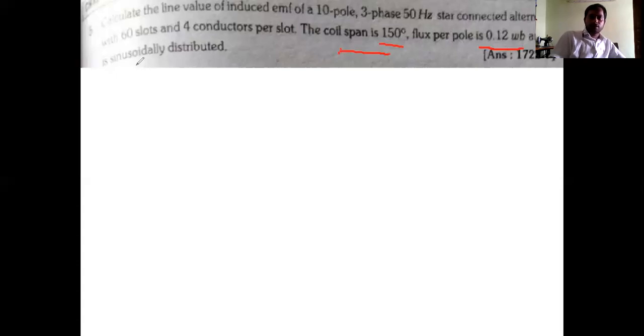First, number of poles is equal to 10, phases is equal to 3, and frequency f is equal to 50 hertz, and 60 slots.